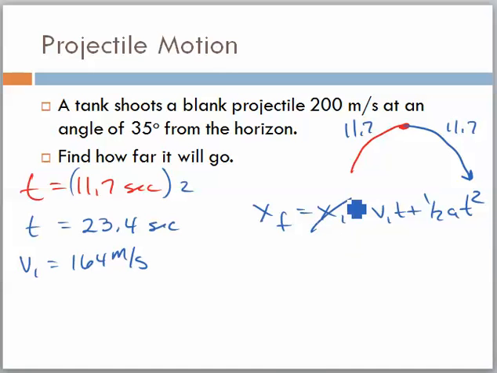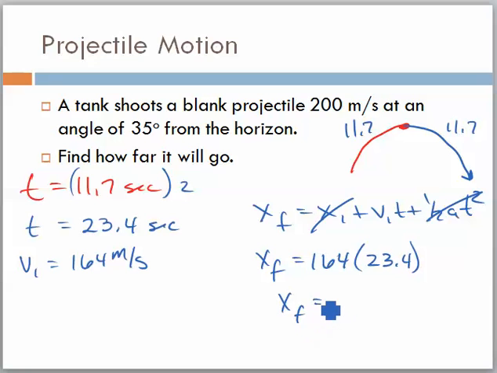Xi is 0, and there is no acceleration in the x direction. So this turns out to simply be 164 meters per second times 23.4. What does that final distance turn out to be? 3,838 meters.